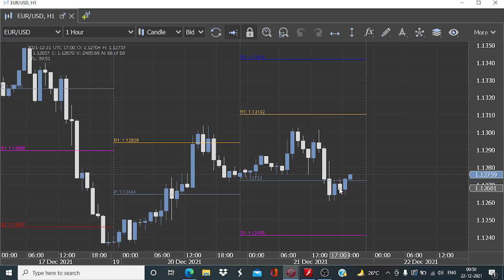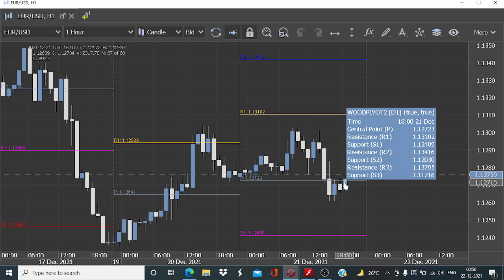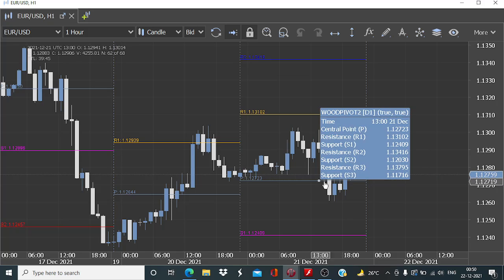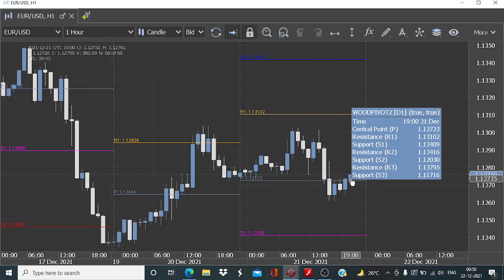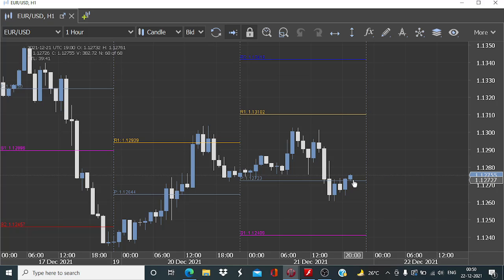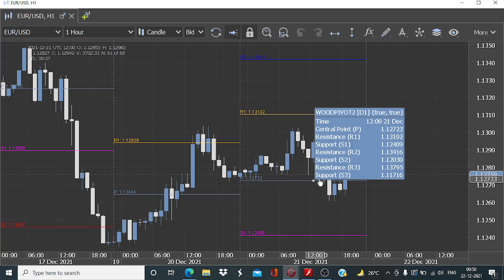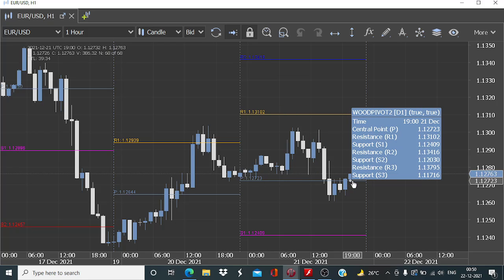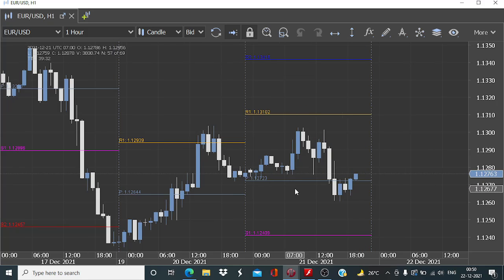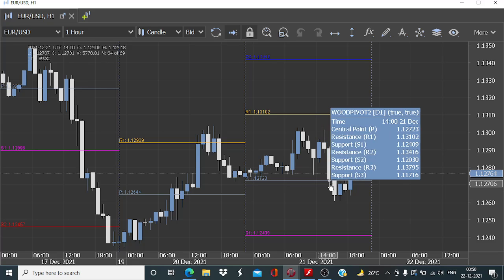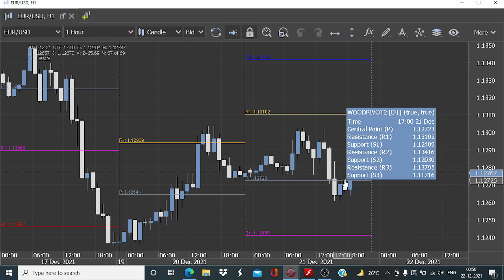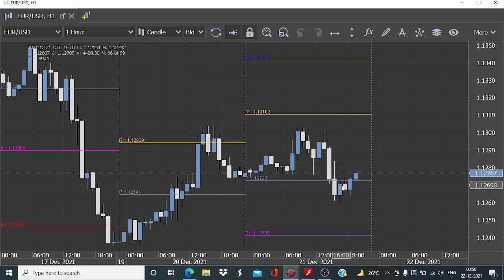Okay, and when we see that in the last hour the correction is happening, and now it has gone on to close above the central point, we will place the sell stop order at the exact central point. So this will be our entry point, and for that we will be placing a pending open order, which will be valid for 1 hour. So this is how the condition is.